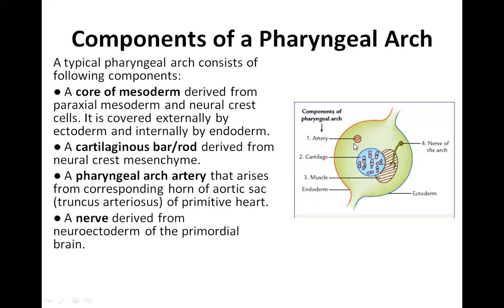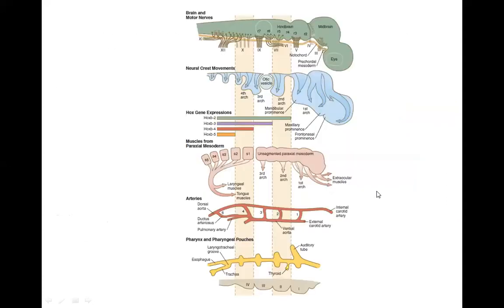It has a pharyngeal arch artery, which arises from the corresponding horn of the aortic sac of the primitive heart, and it has a nerve, which is derived from the neuroectoderm of the primordial brain. So these are the components of a pharyngeal arch: a core of mesoderm derived from neural crest, a cartilaginous bar, an artery, and a nerve.